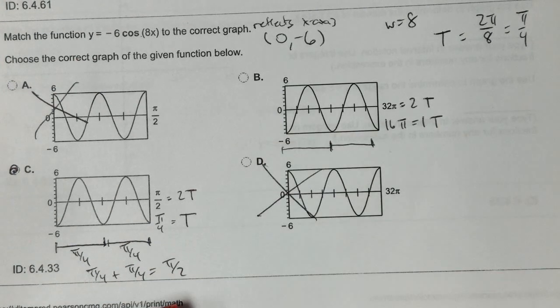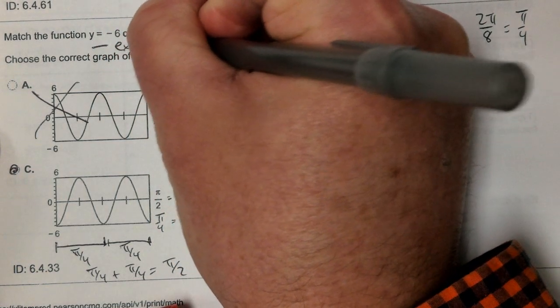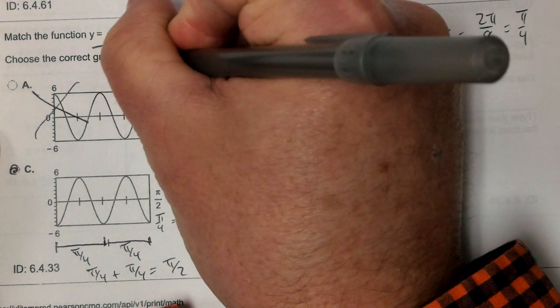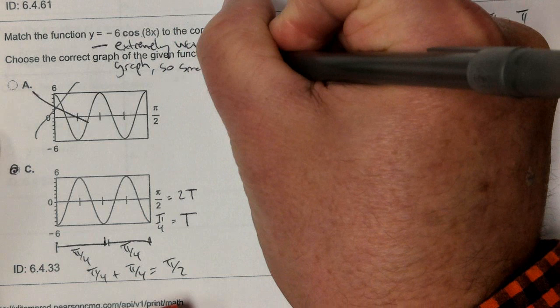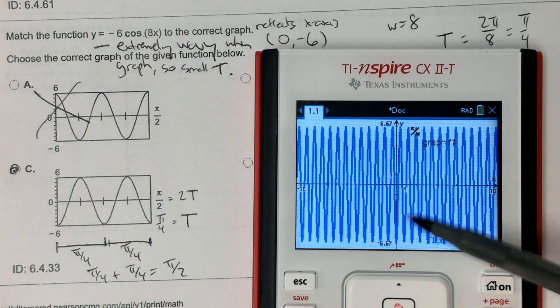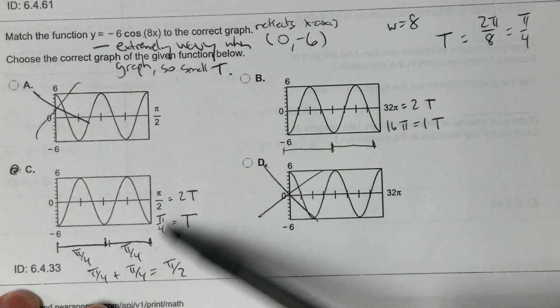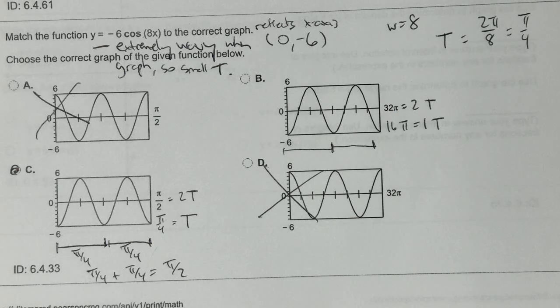Okay, so it's extremely wavy when you graph it, so that means it's a small period. So if you see something like this, it's going to be the pi divided by whatever instead of the big number. Okay, so that's an easy way for y'all to remember that. Any questions?